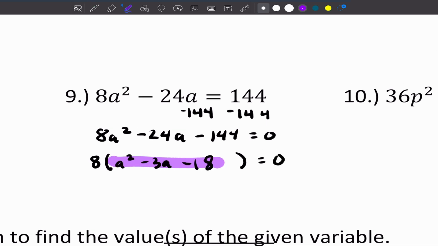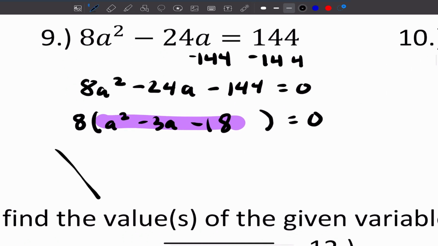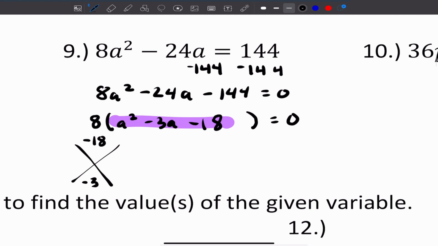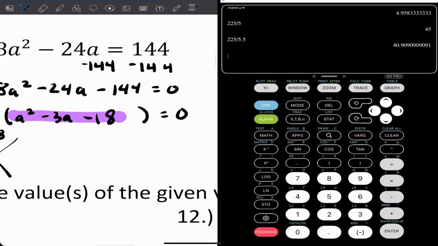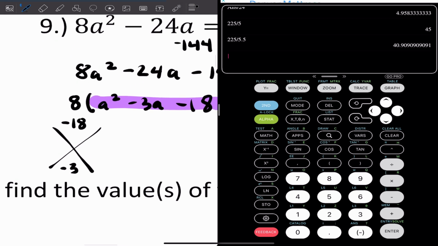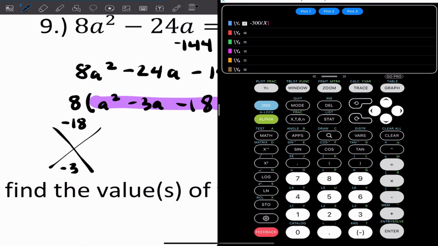Focus on this. This is where you're going to use the x method. So you should have negative 18 up top and negative 3 on the bottom. So what are the two numbers that multiply together to give you negative 18 but add up to negative 3? I'm going to use my calculator trick. You should know that c is negative 18. So you're going to do negative 18 divided by x, and then negative 18 divided by x plus x.